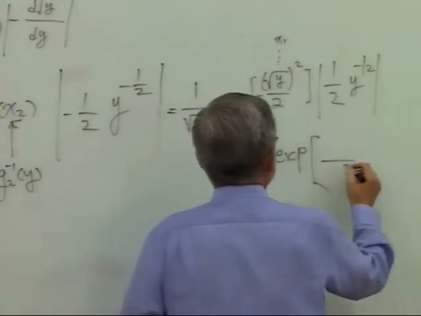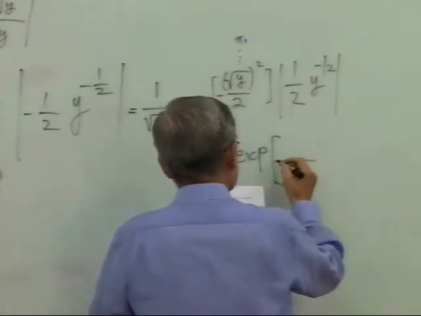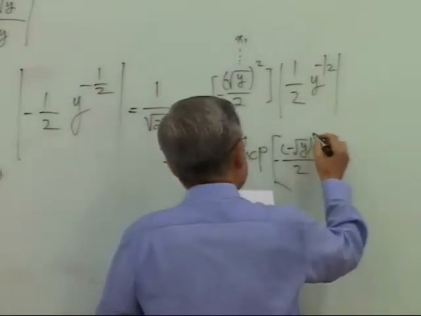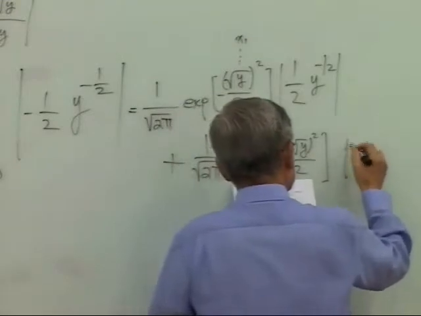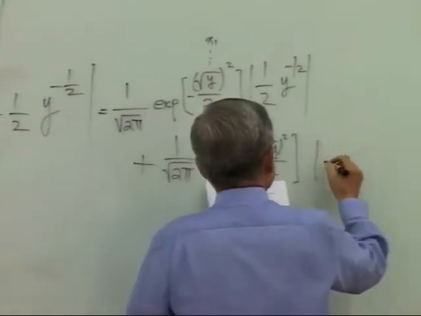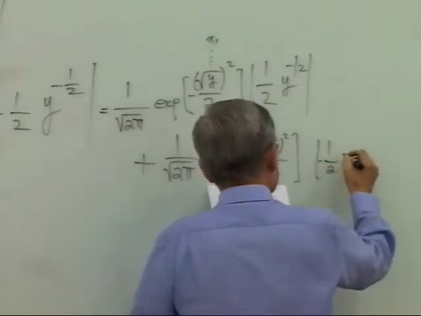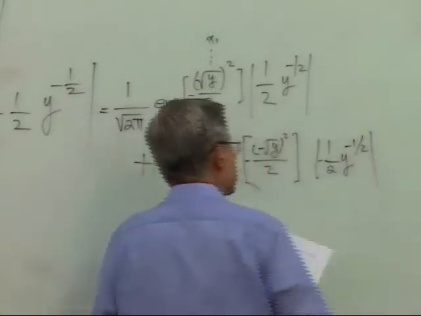It is equal to minus y square and absolute, minus 1/2 y minus 1 over 2.